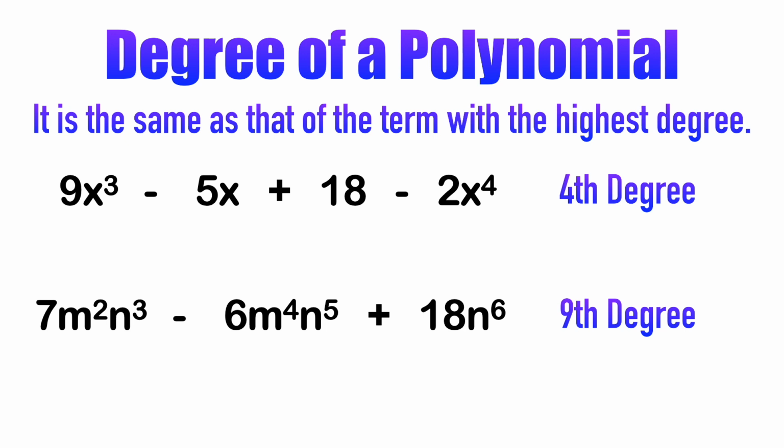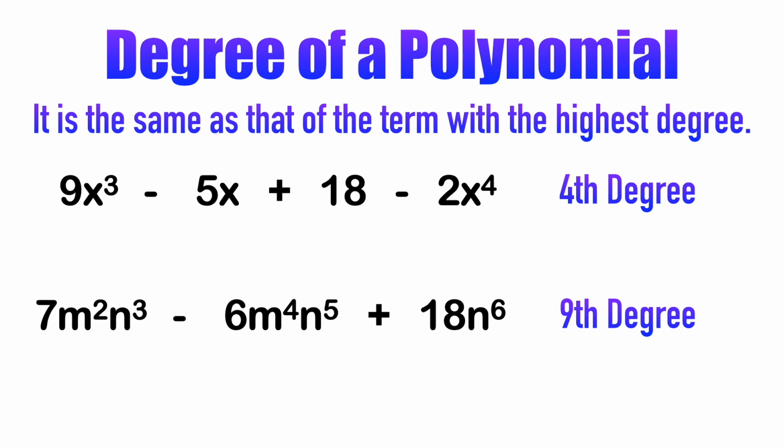Walang degree ang 0. Pero yung constant, let's say, any number, except 0 any number, yung degree niya ay 0 degree.